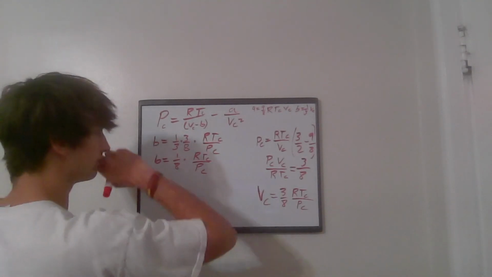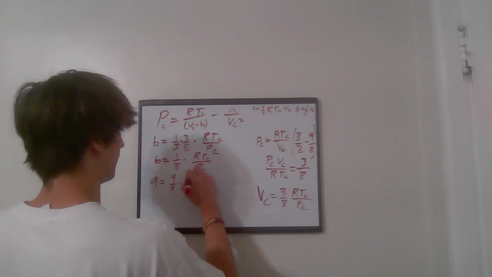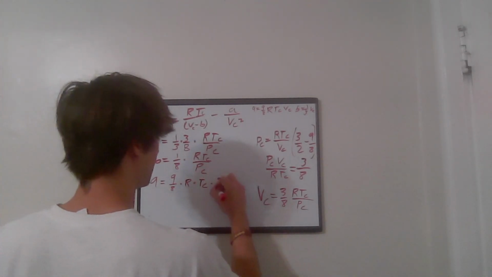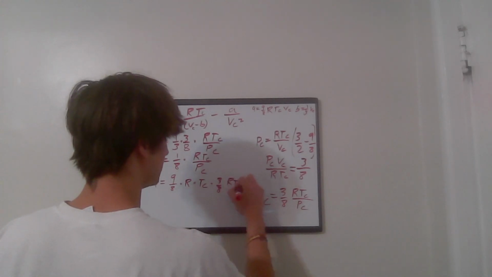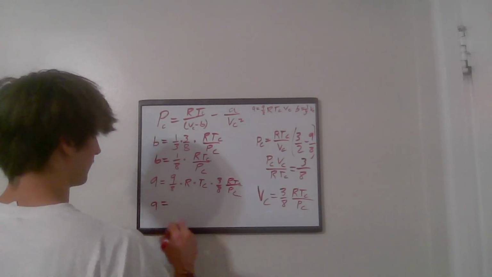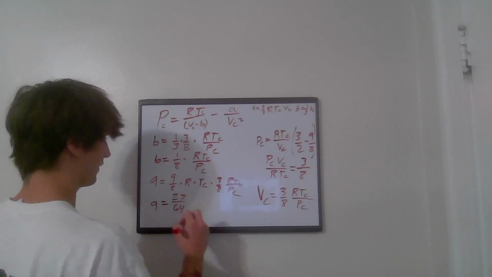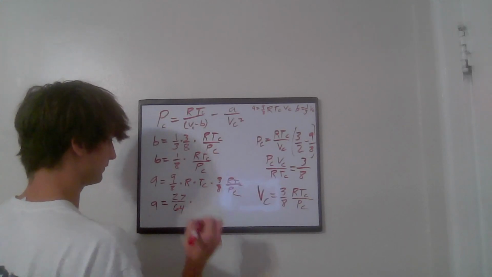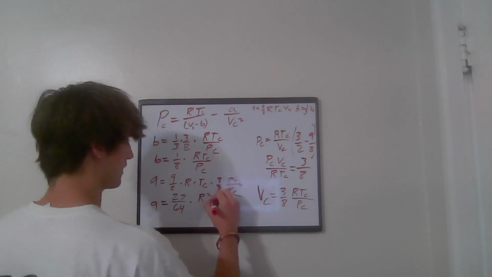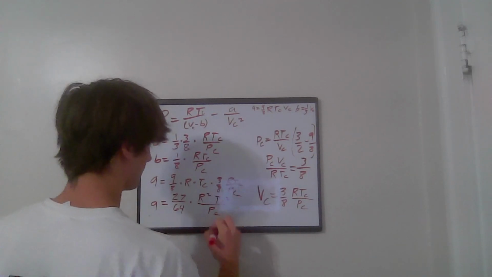And our A is going to be 9/8 times R times critical temperature times our VC, which is our 3/8 RTC over PC, and that's going to turn into 27 over 64, which could be a little more simplified, R squared times critical temperature squared over the critical pressure squared.